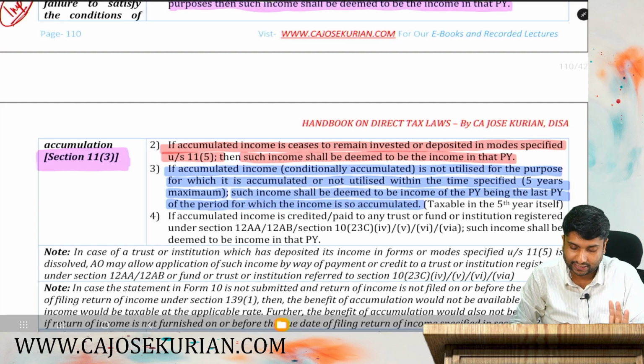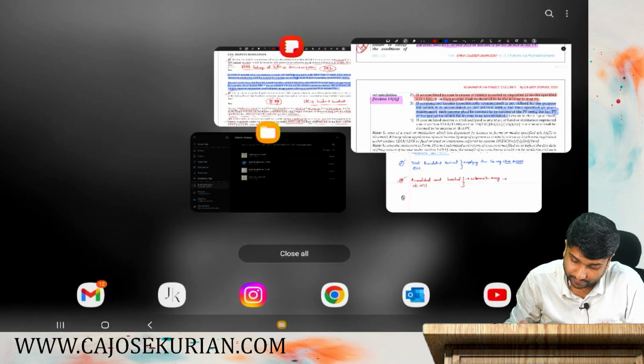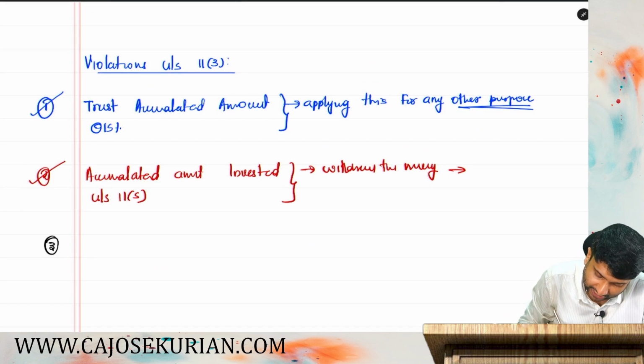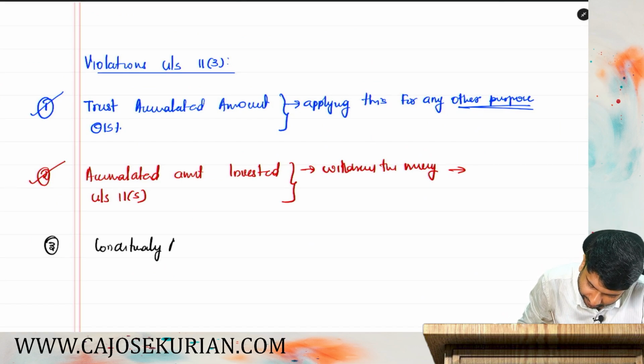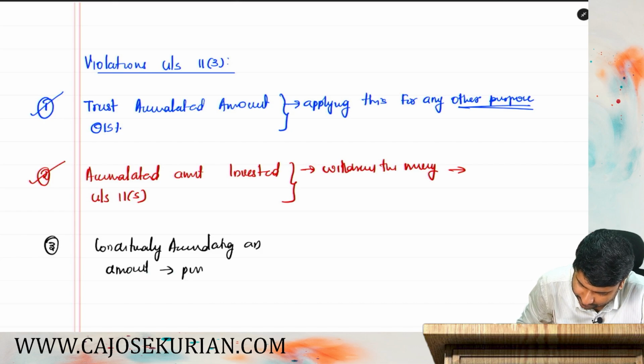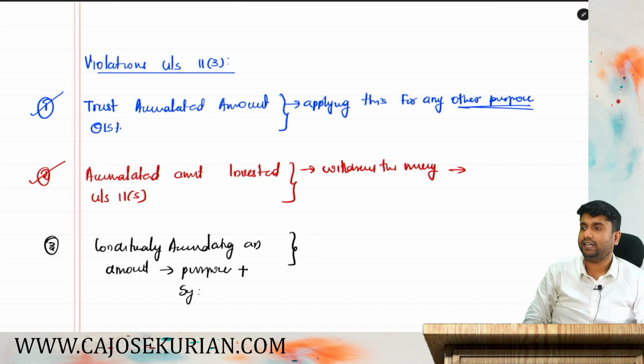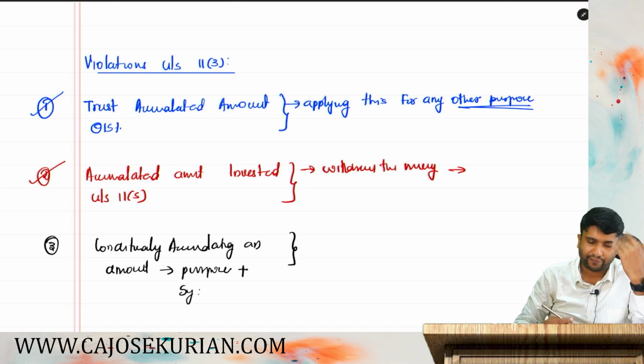That simply means, listen, if you are conditionally accumulating an amount, you must mention the purpose. Yes or no? And plus there is one more condition: you can conditionally accumulate it for a maximum of the upcoming 5 years.